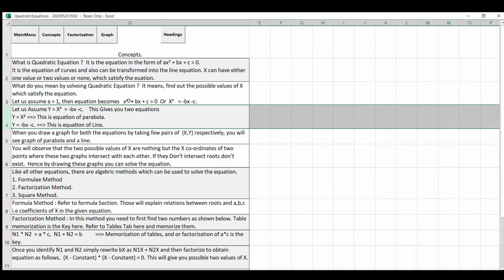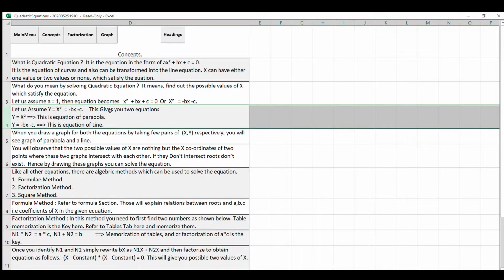If you assume a is 1, that is, x square's coefficient is 1, then you can write x square is equal to minus bx minus c. Or if a is not equal to 1, then the equation becomes x square is equal to minus b by a x minus c by a. So you keep x square on the left hand side and move everything else to the right hand side.